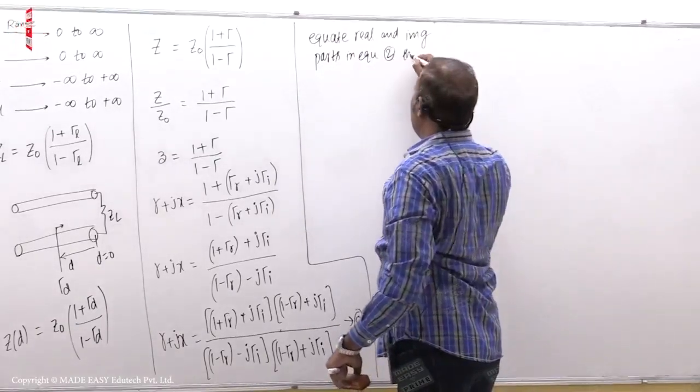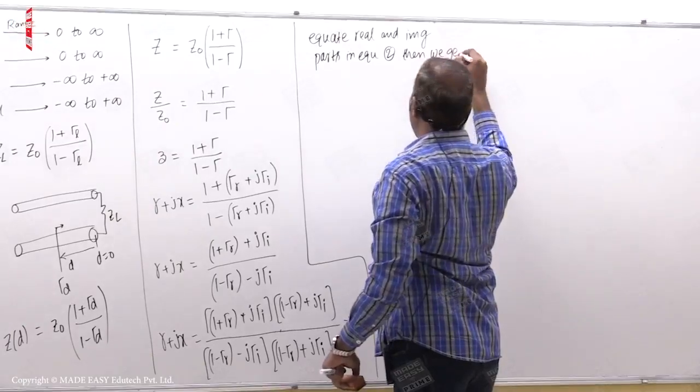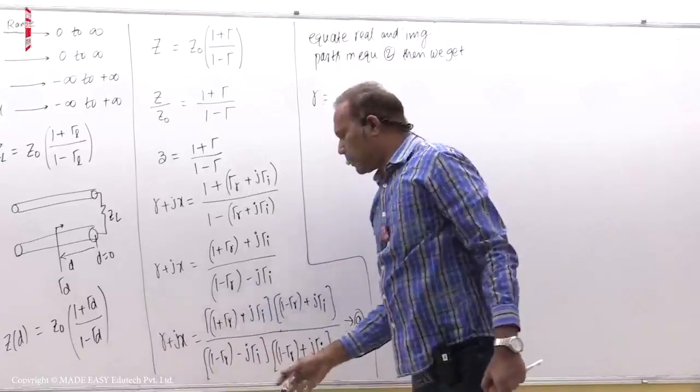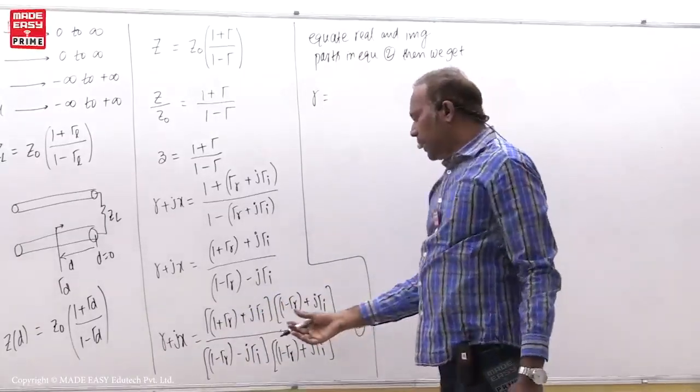Then we get small r equal to the real part of this side. How do you get the real part, student?